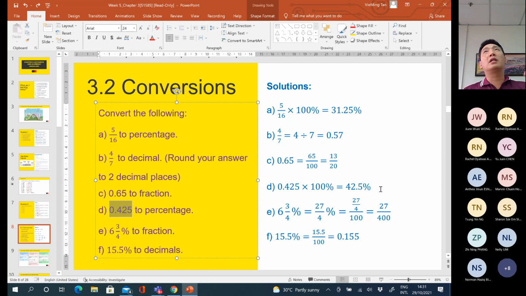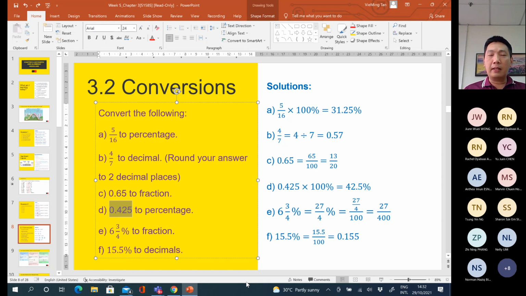So in short, whether you convert from a decimal or fraction, if your target is a percentage, just multiply by 100.